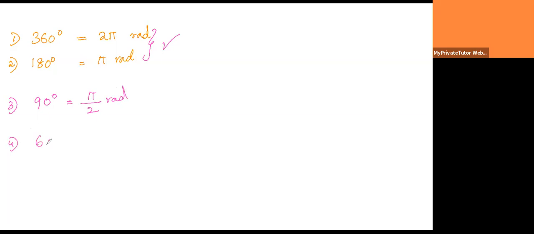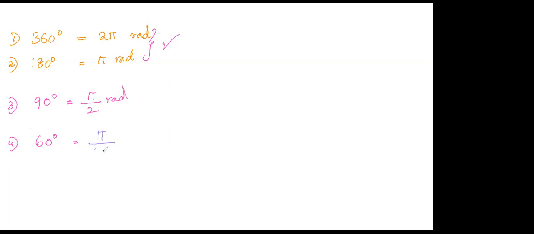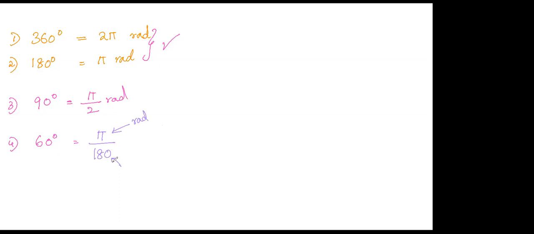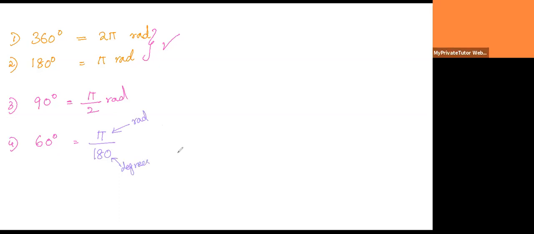What about 60 degrees? This looks a little tricky, but let me show you the basic rule. We are converting 60 degrees into radians. What you need to do is pi by 180. Pi is the same as 180, because pi is in radians and 180 is in degrees.